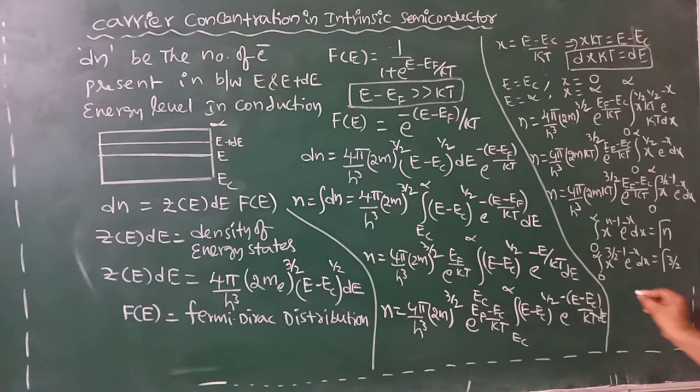Yes. Now the value of gamma 3/2: gamma n+1 can be written as n gamma n.